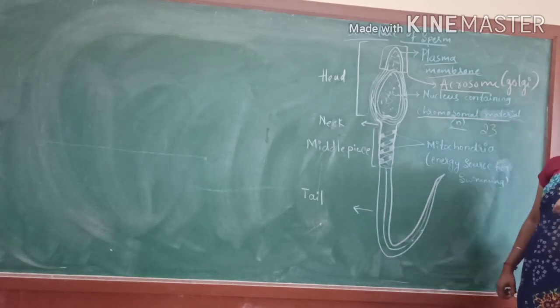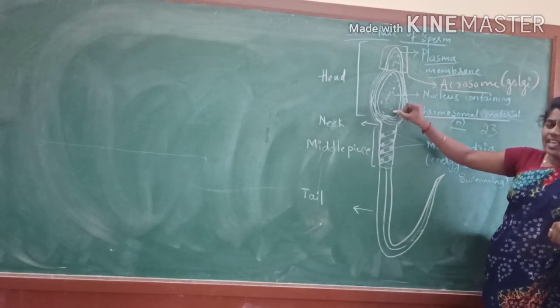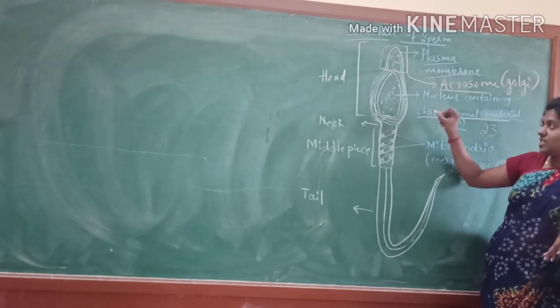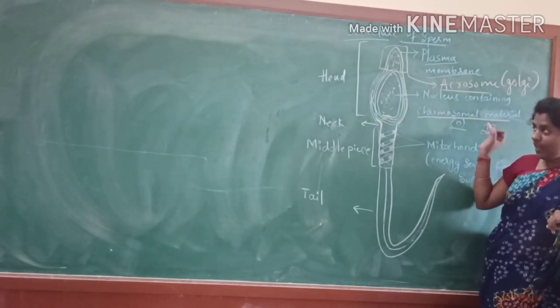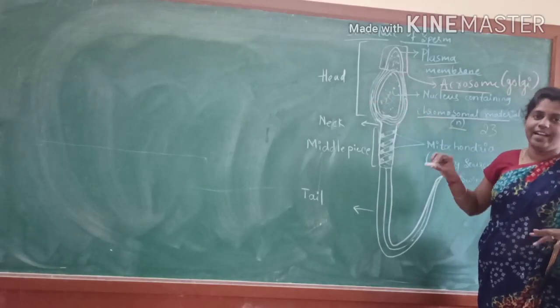Understood? After that comes the nucleus, which contains the chromosomal material. This is about the head.